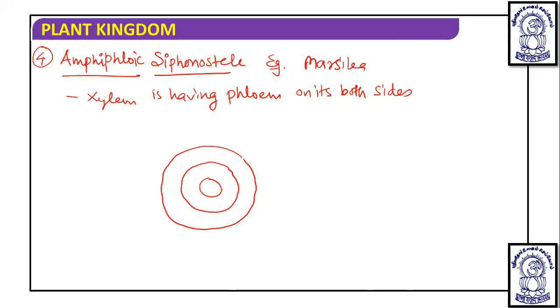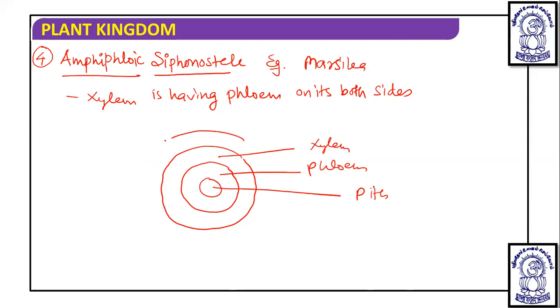So this is the pith. This is phloem. This is xylem. And outside the xylem you will also see the presence of phloem.